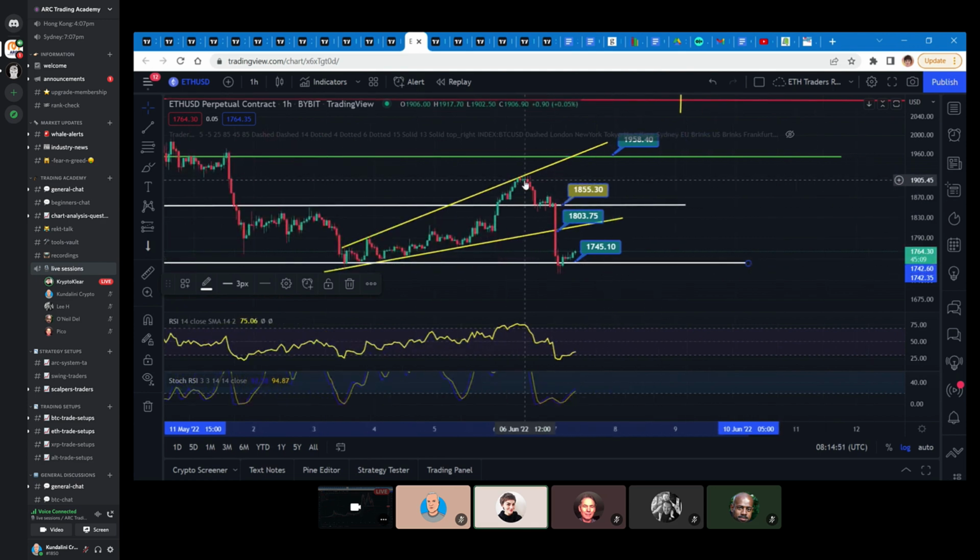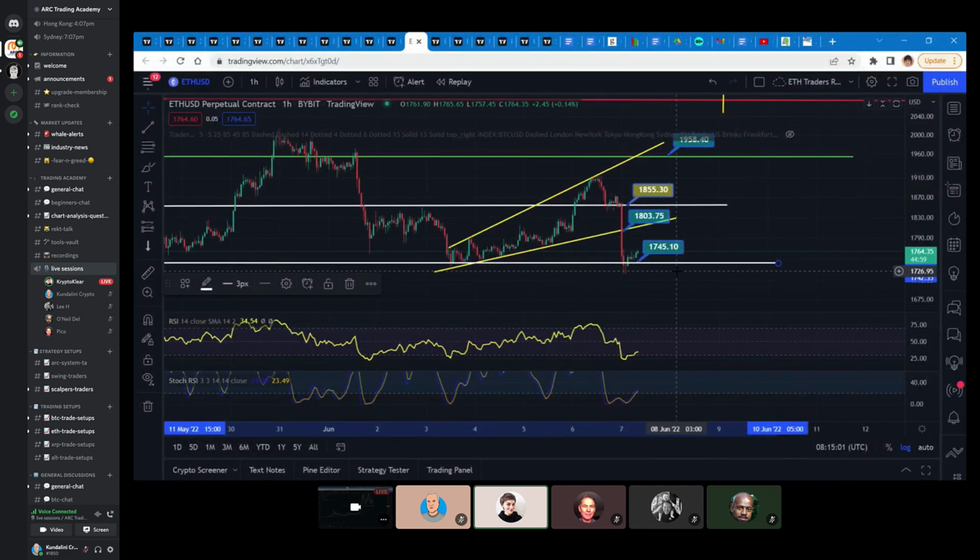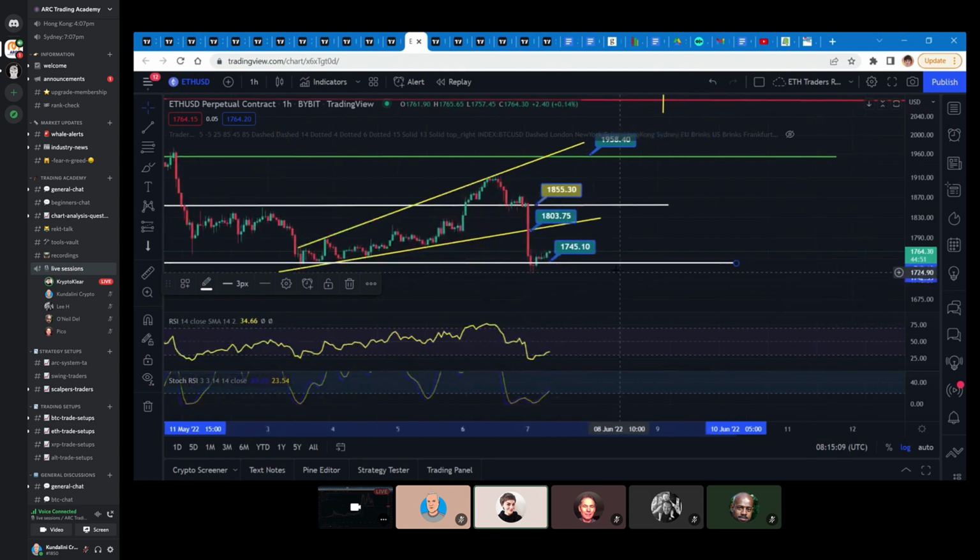And not only did it show itself quite early, so it was meeting rejection here at the trend line. It didn't meet the 1800, and then it broke out of the wedge and tested the 1750, and now it is above it. So in the short time frame, there's a bit of relief on the 1 hour.